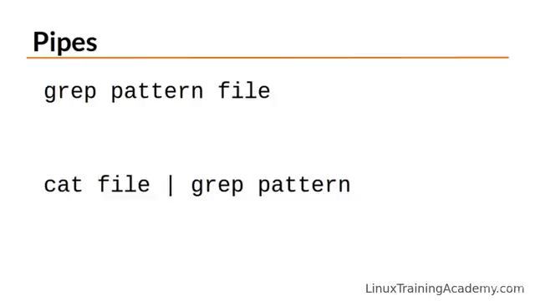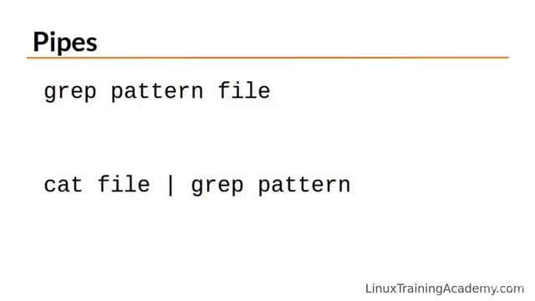Here is a common pattern that you'll see often in Linux. There are several commands that allow you to specify a file on the command line that is to be used for input. With grep, for example, you can run grep, followed by the pattern, then followed by the file to use as input. If you don't supply a file name, then the command will use standard input. grep pattern file is the same as cat file, pipe, grep pattern.